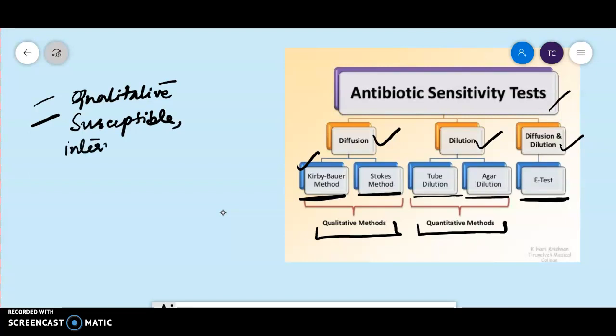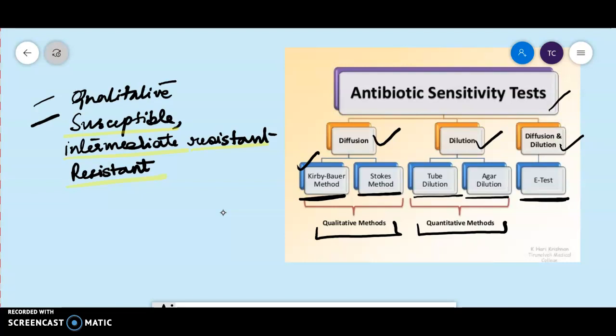intermediate resistant, and resistant bacterial isolates. So it will tell you whether your bacterium is susceptible, intermediately resistant to the antibiotic, or resistant to the antibiotic.